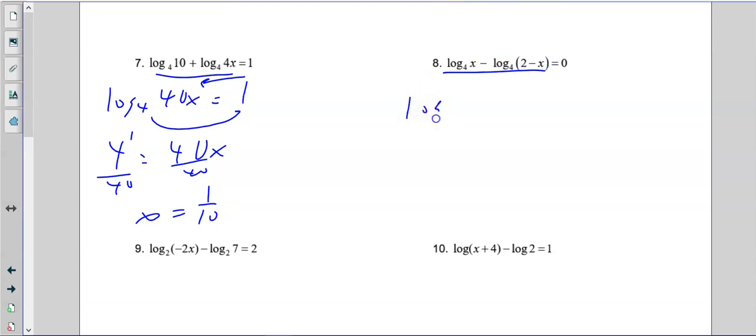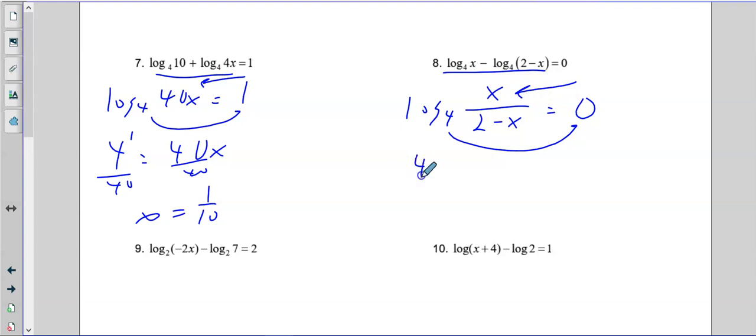Condensed, log 4, notice it is subtraction, so I'm going to put a fraction bar immediately. The first thing goes on the top, the next thing goes on the bottom, equals 0. So 4 to the 0, switch and flick. 4 to the 0, which is 1, equals x over 2 minus x.